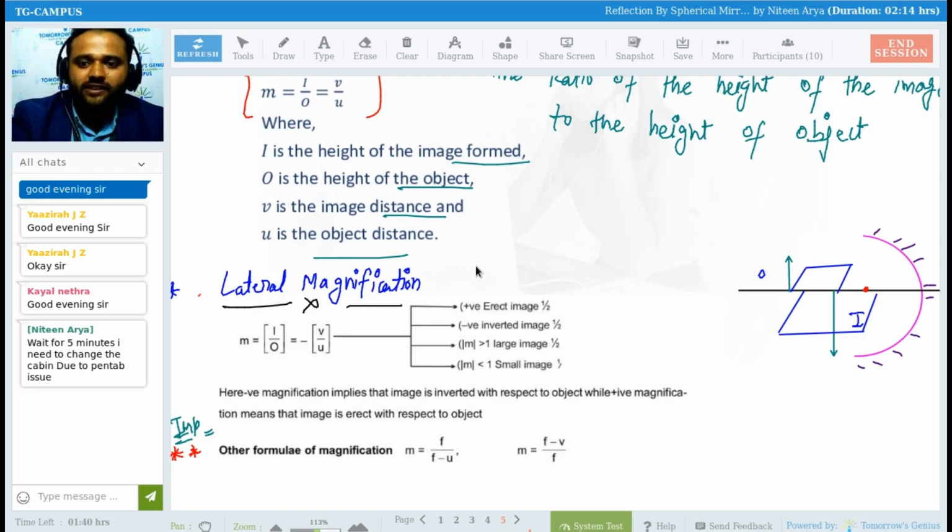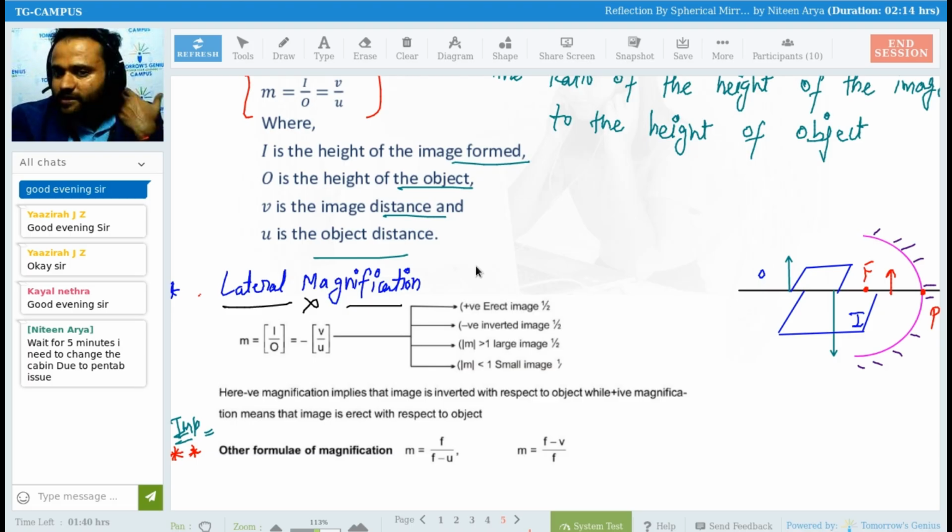But in between the focal point, focus, and optical center P, if I put an object, I get a virtual and erect image. That is the special case. If you forget, we're going to revise in just a minute.